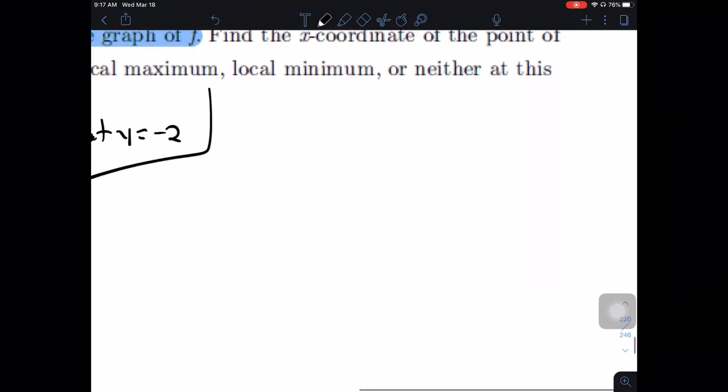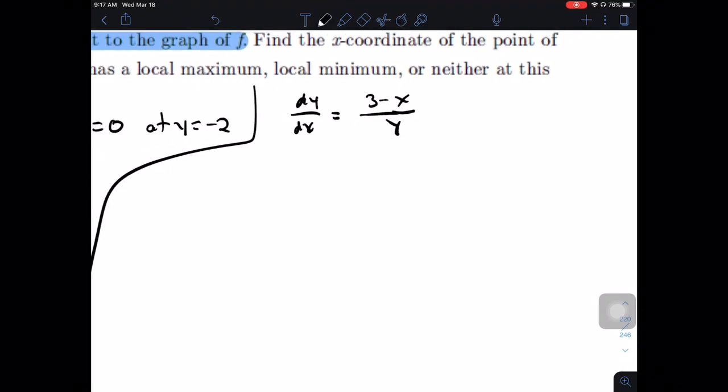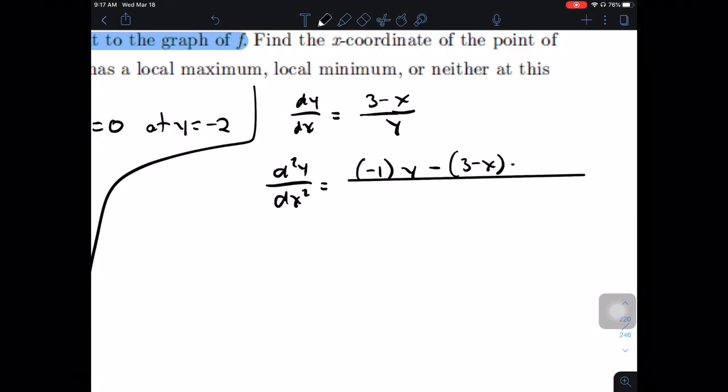So we knew that the first derivative was 3 minus x over y. To find the second derivative, we're going to have to use the quotient rule. Take the derivative of the top, which is -1 times the bottom, minus the top times the derivative of the bottom.